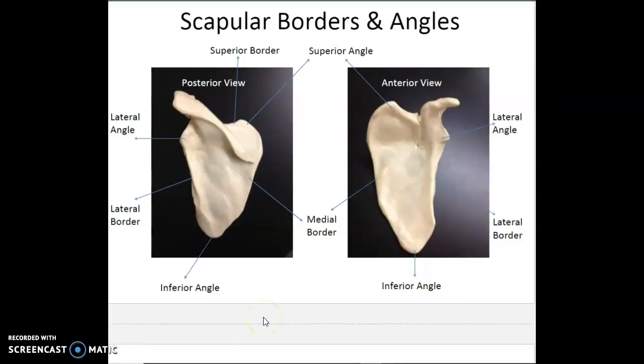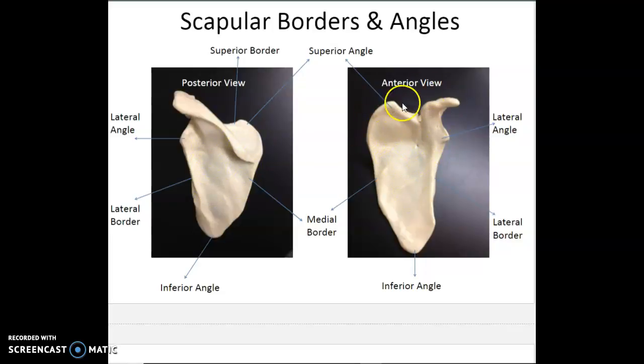Now let's look at the borders and angles that we talked about. Of course, a border is a long area, and our borders basically have a good description to them. So I've got this area at the top, the superior part of it. Of course, this is the posterior side of the scapula. This is the anterior side, but this is the superficial.